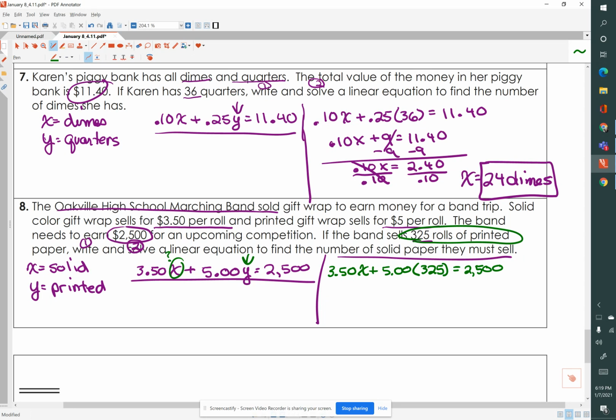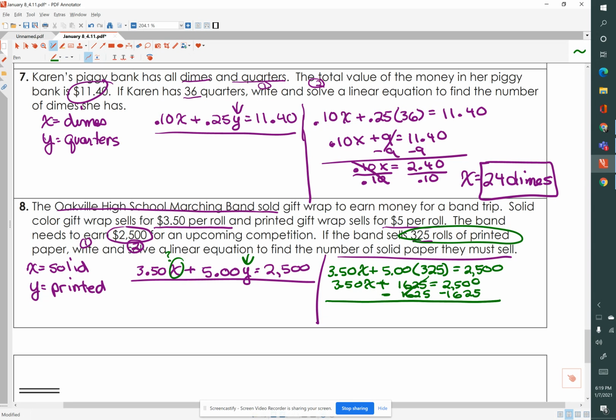So the first thing I will do is multiply 5 times 325. 3.50x plus, and 5 times 325 is 1,625 equals 2,500. Now we're solving for x, so first we want to get rid of this 1,625 by subtracting it, and whatever we do to one side of the equation we'll do to the other.